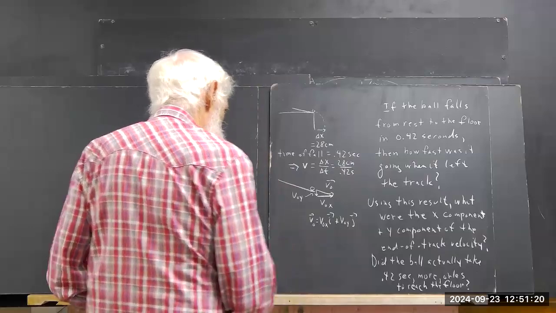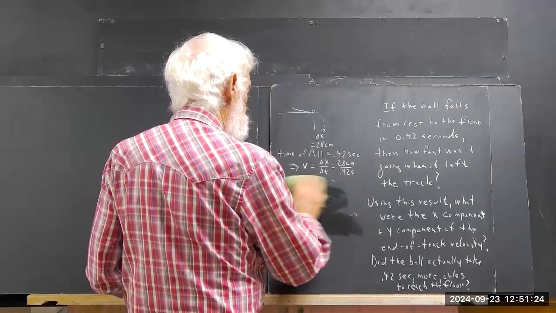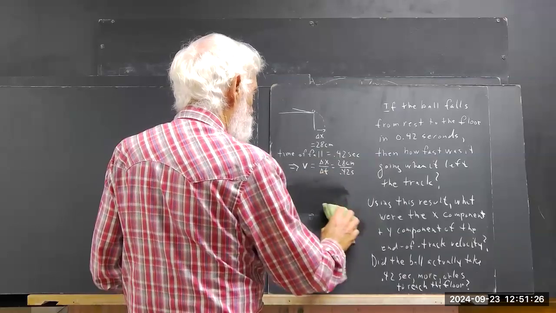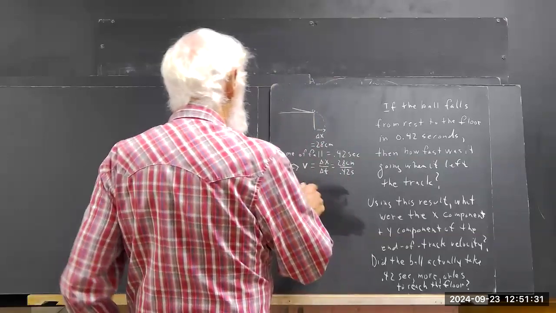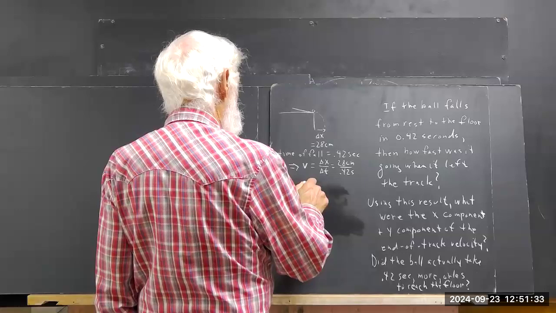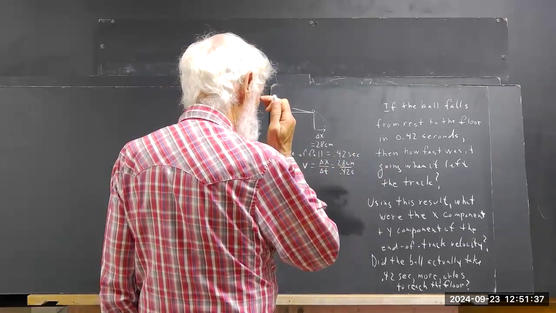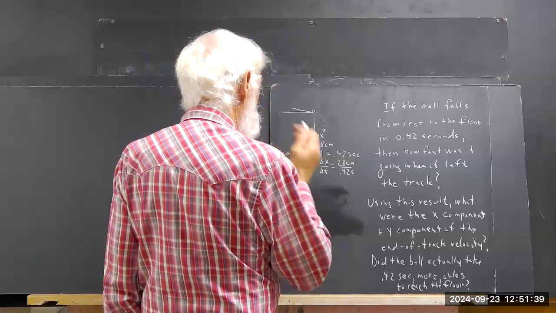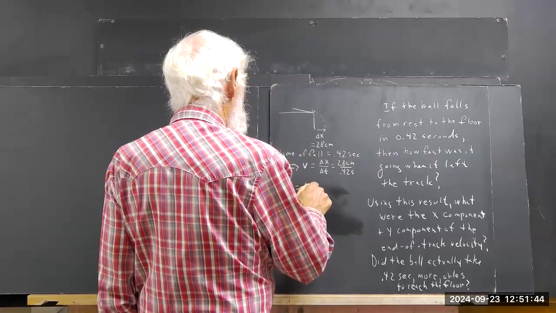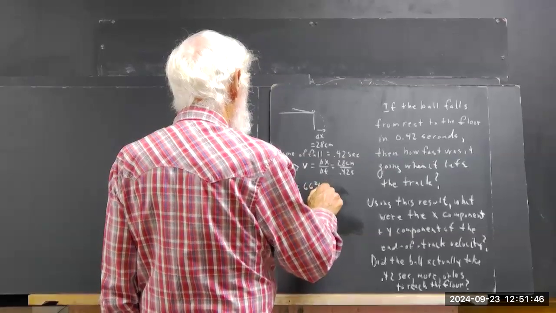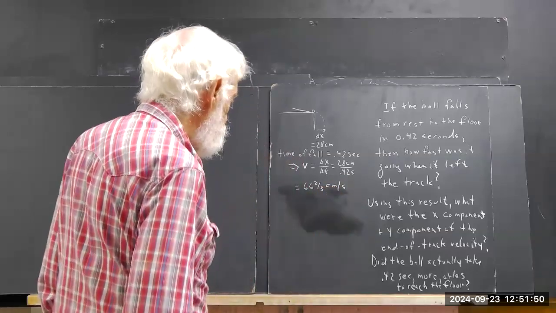And the reason I chose 28 centimeters is that 28 is 2/3 of 42. That's going to be 3/2 of 2/3, so it'll be 66 2/3 centimeters per second.